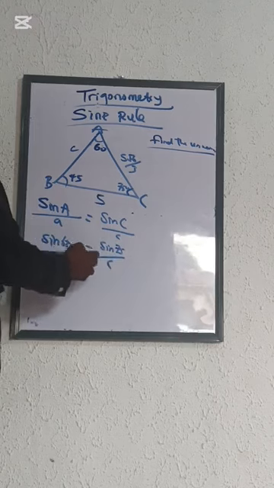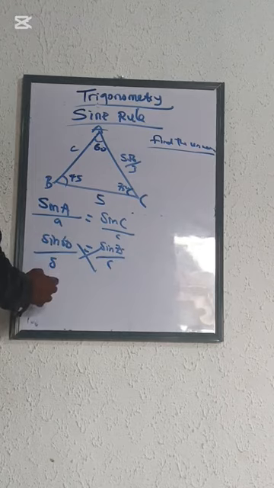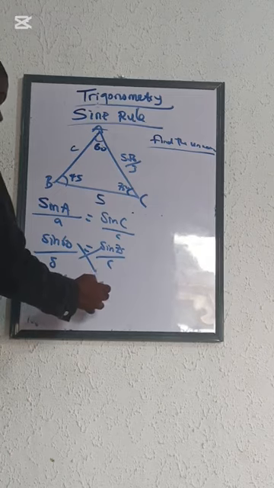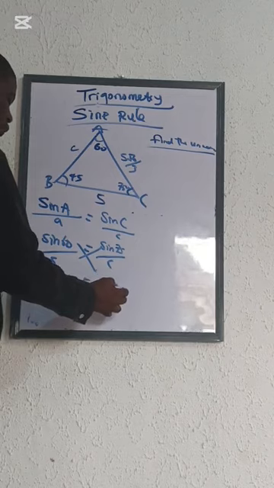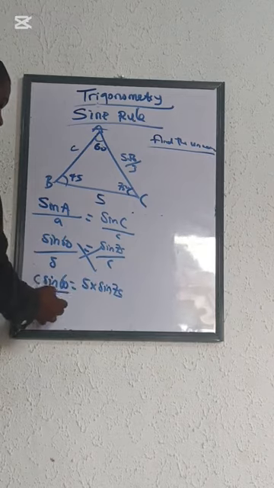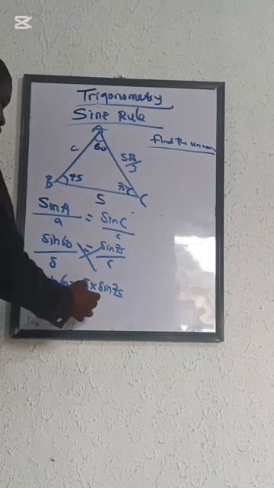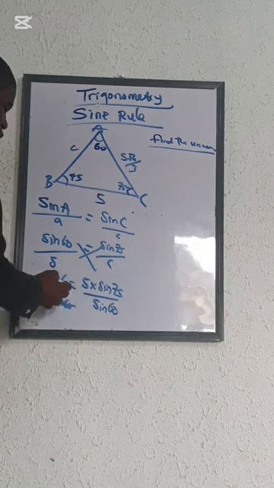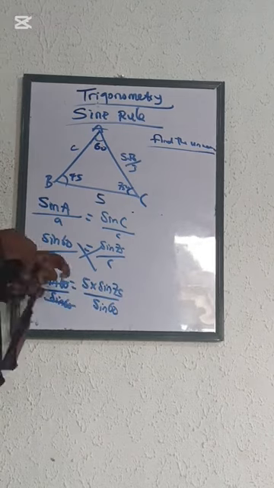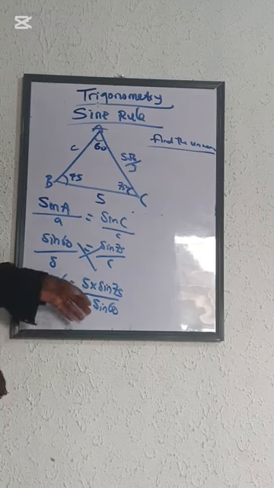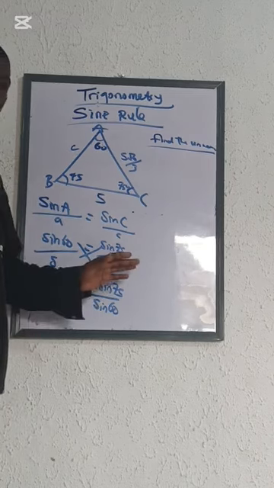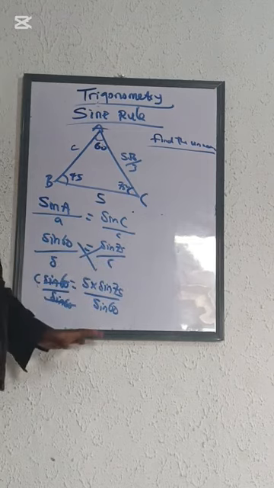Since we don't know it, cross multiply. c sine 60 equals 5 times sine 75. Divide both sides by sine 60. So once you use your calculator, you get c. In the comment section, you can use your calculator and tell me what the final answer is.